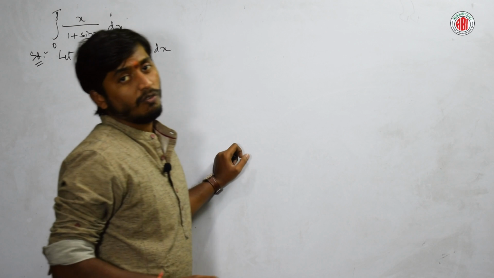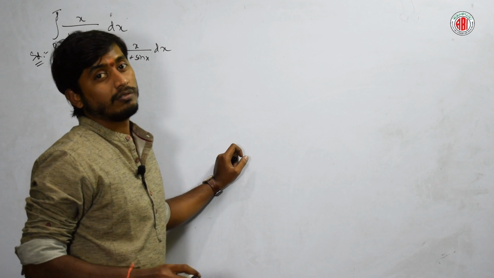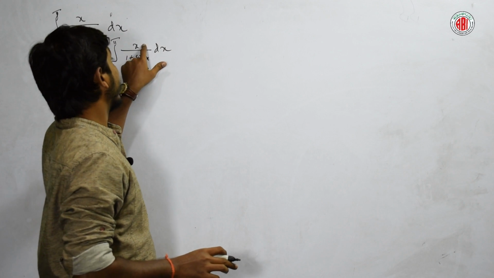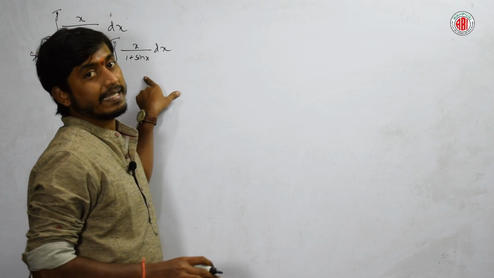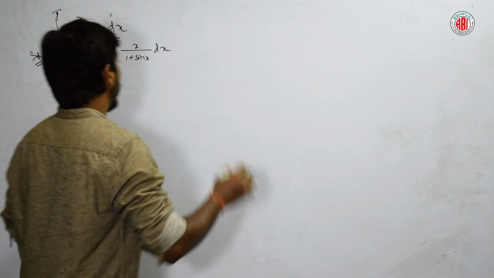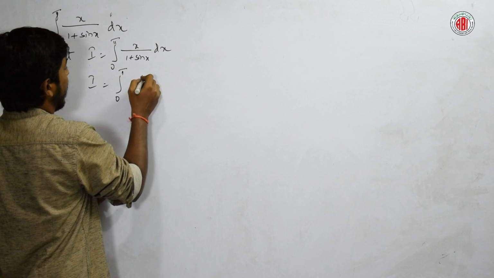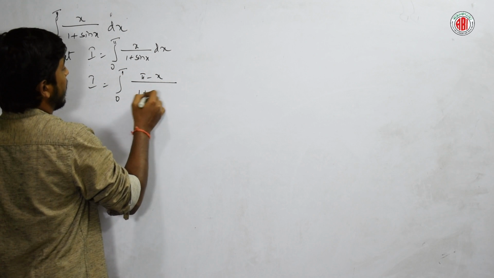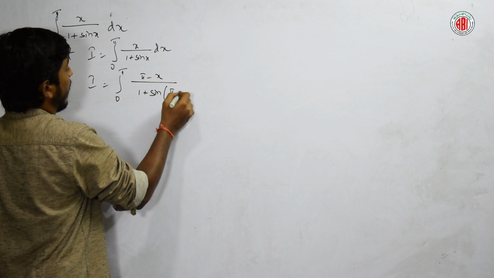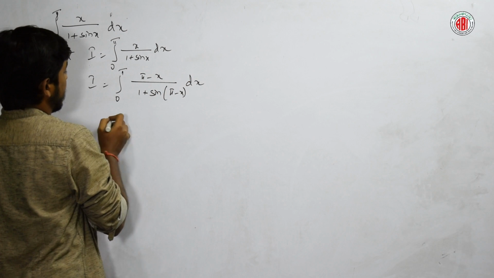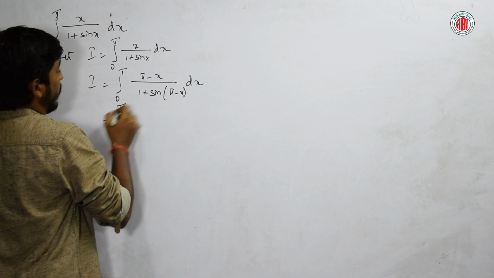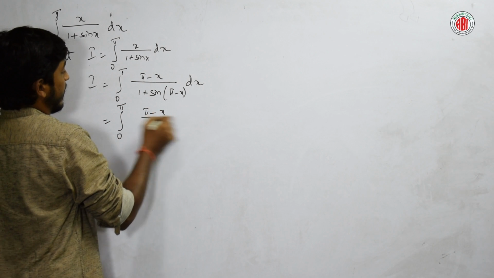Now we are going to use the formula. Can I write, instead of x, pi minus x? Yes, right. So let us use this formula: 1 plus sin of pi minus x dx, 0 to pi, with x replaced by pi minus x.